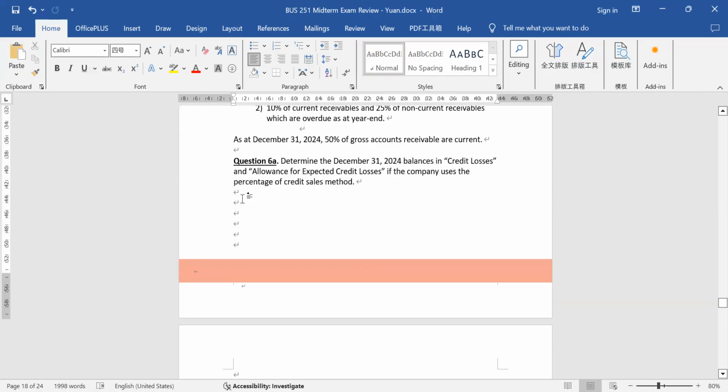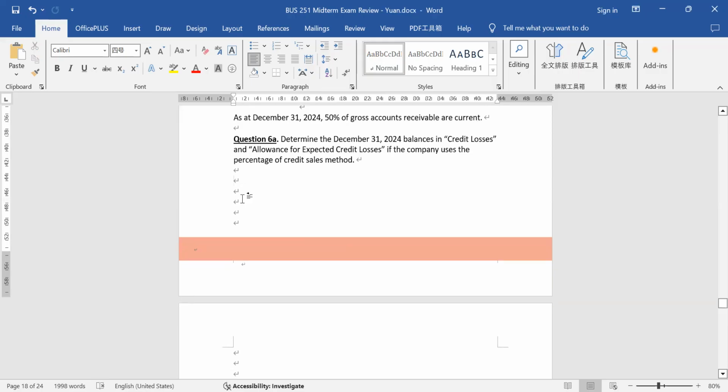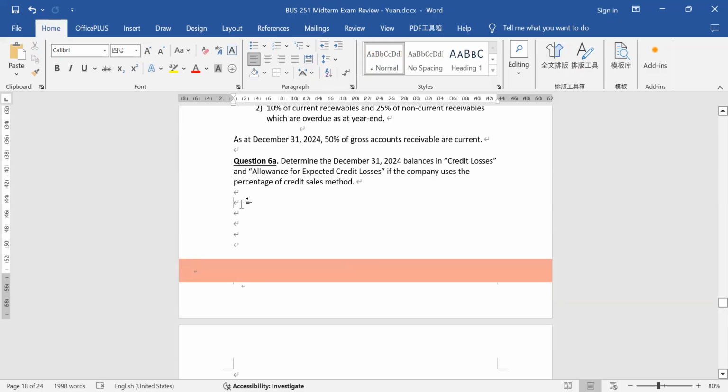Okay. So first of all, I recommend you put the equation here. The opening AFECL plus credit losses for the year, and you subtract write-offs, and you add recoveries.